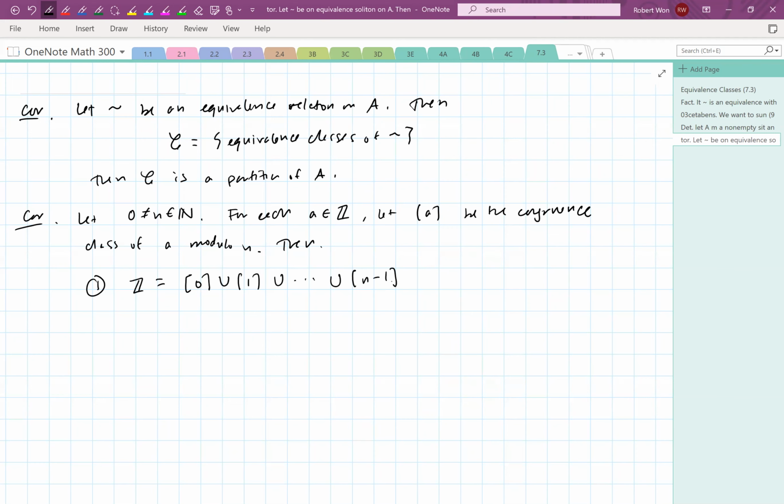Okay, again, the tricky thing here is that each of these is like a whole set of integers, right? So I can take their union and get every possible integer. Then 2, if you take two integers inside of this range, then if they're not the same one, these equivalence classes are disjoint.